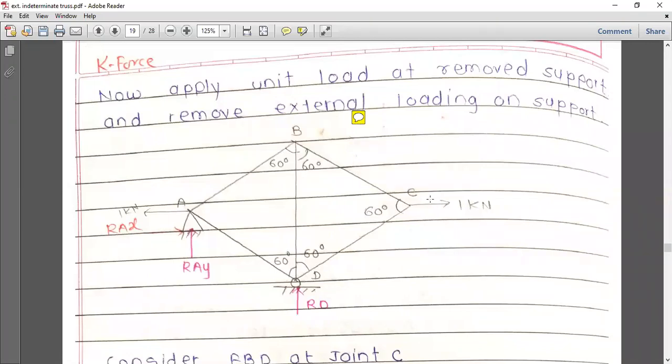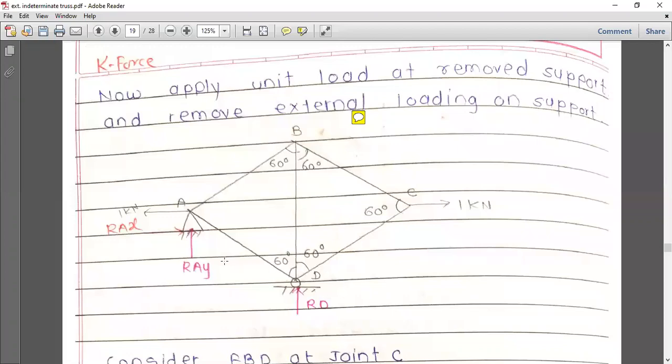So here we have removed reaction RC, and instead of reaction RC we are providing a unit tensile force. Tension means again arrow away from joint, of magnitude 1 kilonewton. So this is the K force diagram.